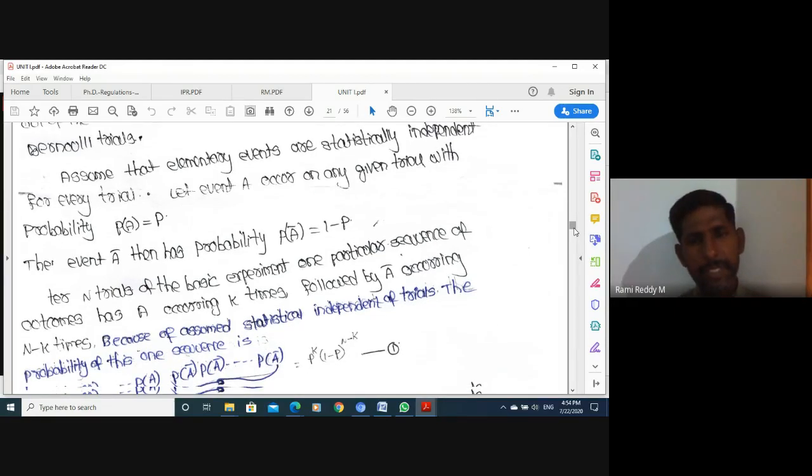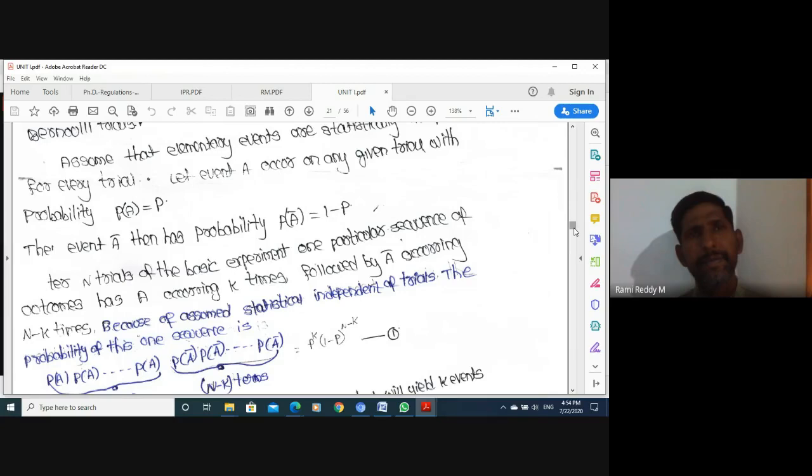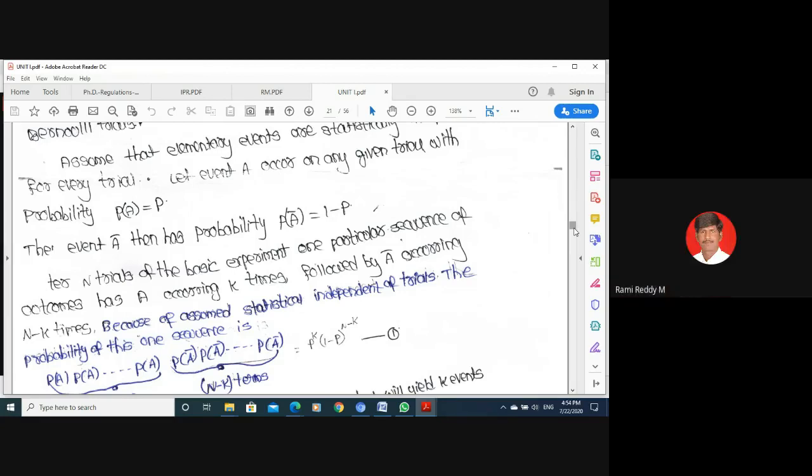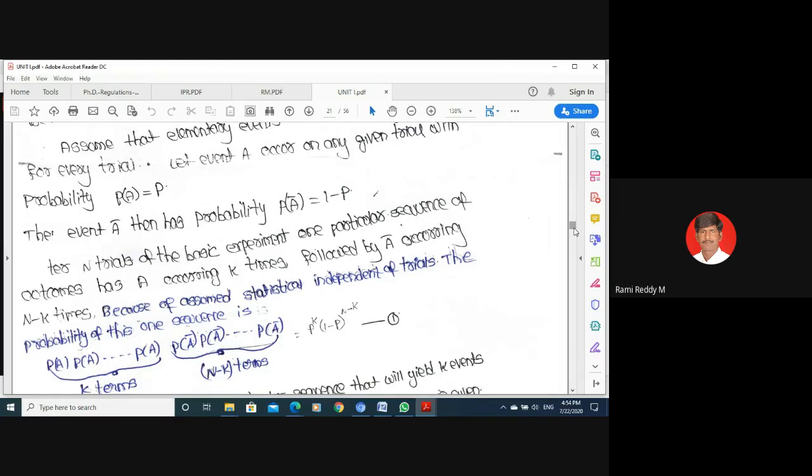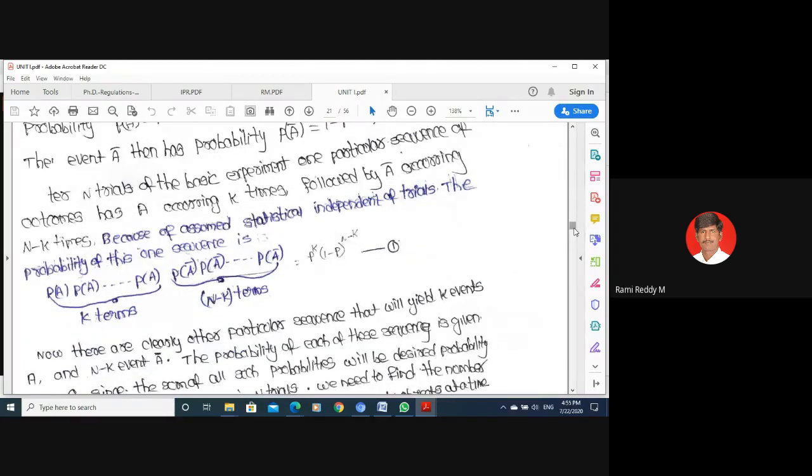Because of the assumed statistical independence of trials, the probability of this sequence is given by P of A into P of A into P of A and so on k times, P of A bar into P of A bar and so on n minus k times. If you multiply all these, you get p to the power k into (1 minus p) whole power n minus k.